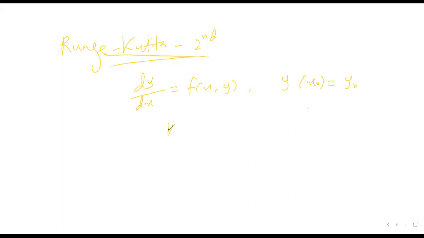Okay, so Runge-Kutta has been derived with some steps, okay? K1 we are taking as h of f of xi, yi. For example, K1 may be h of f of x naught, y naught, okay?